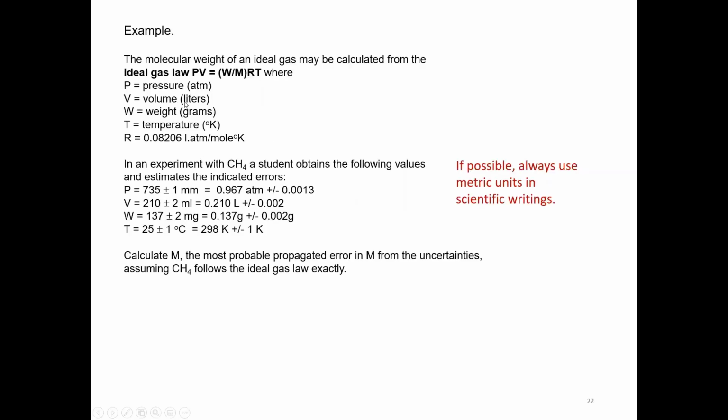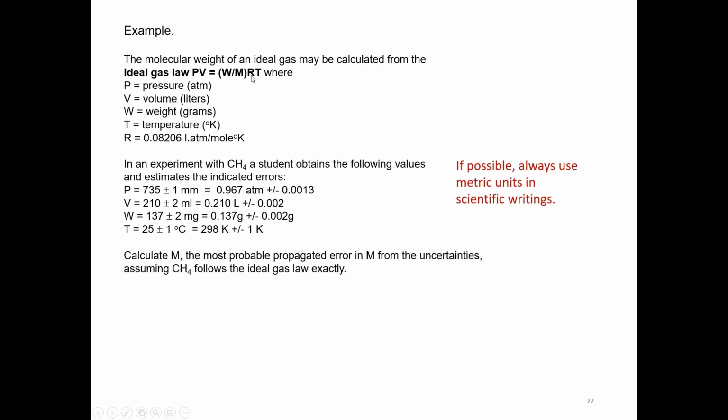So let's see one example here. We are calculating the molecular weight of an ideal gas from the ideal gas law. That's PV equals the weight of the gas divided by the molecular weight of the gas times RT. I need to calculate M, the molecular weight, and I can measure the pressure, the volume, and the weight of the gas.